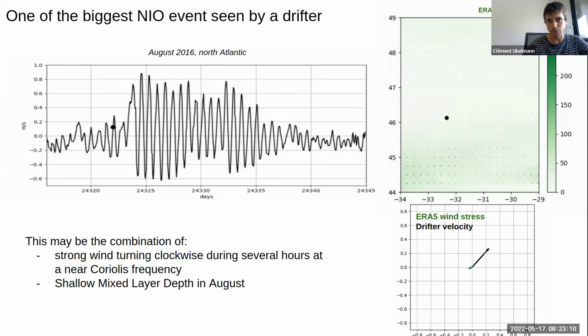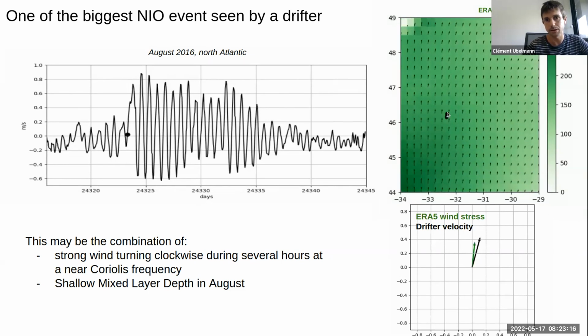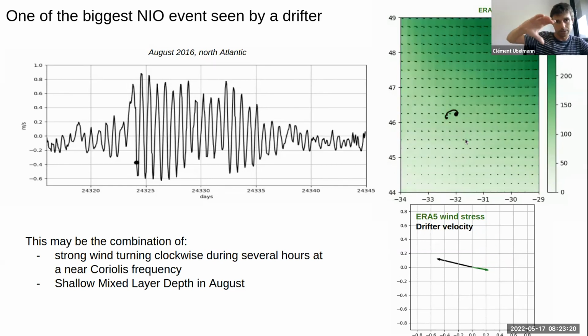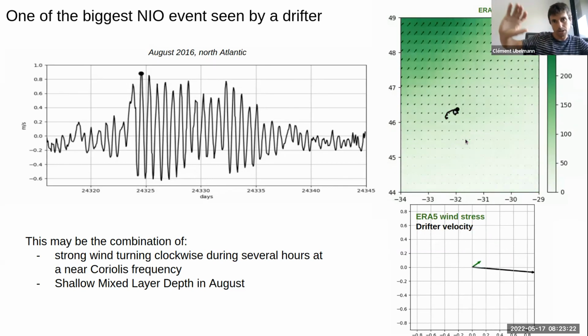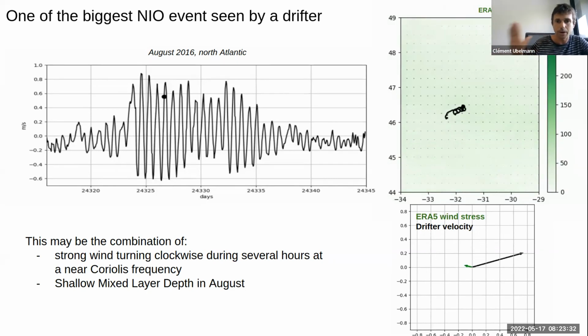We had a very strong wind event, and it's going to be shown now here. This is the wind stress in green, and the wind stress increased a lot and happened to turn clockwise, the way the wind pattern goes through makes the wind locally turn clockwise for 4 to 6 hours at near-inertial frequency. So it's probably very fortunate that the wind turned right at the frequency that inputs all the energy to NIOs.